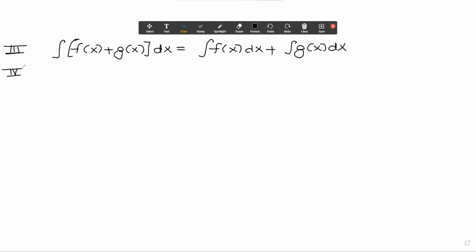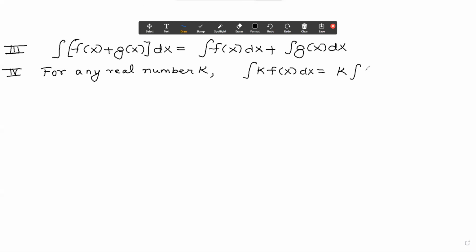Fourth property, for any real number k, integral of k times f of x dx is equal to k times integral f of x dx. That means for any real number k which is a constant will always come out of the integration sign. So I can write integral of k times f of x dx as k times integral f of x dx, where k is a constant and a real number.